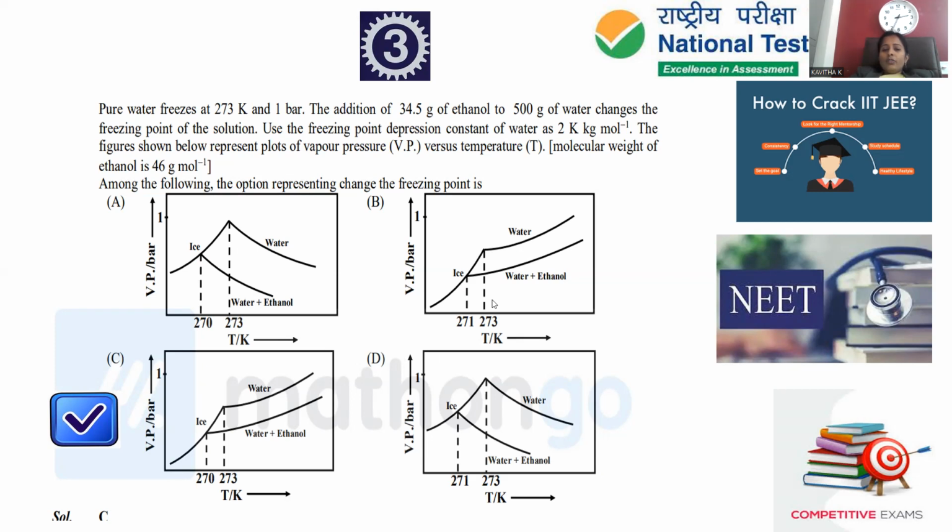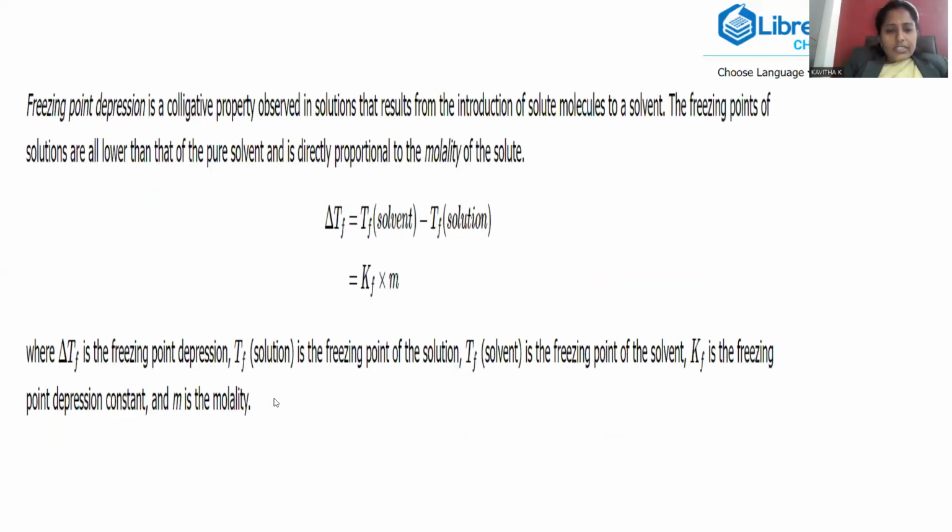Among these two, to get clarity, the exact change in the value has to be identified. If we calculate, then you can put a tick mark over here. To get this answer, first we have to know the formula for depression in the freezing point. This is data collected from a Libretexts chemistry page.